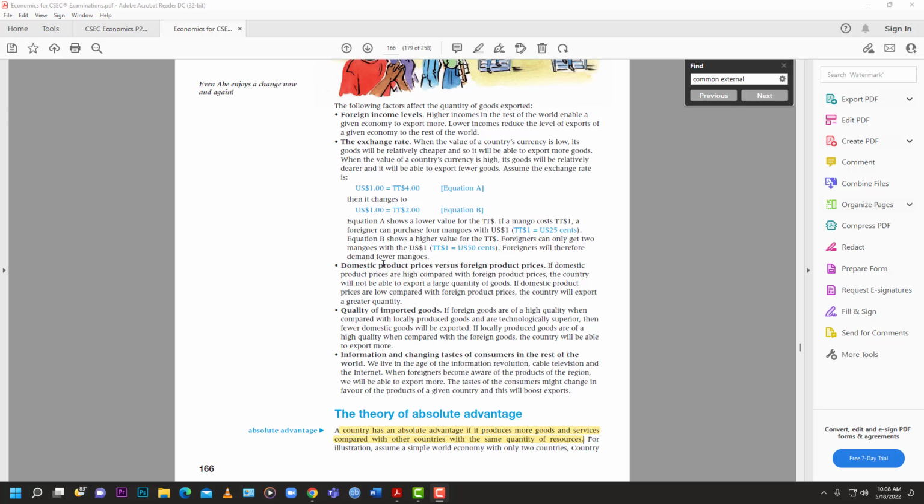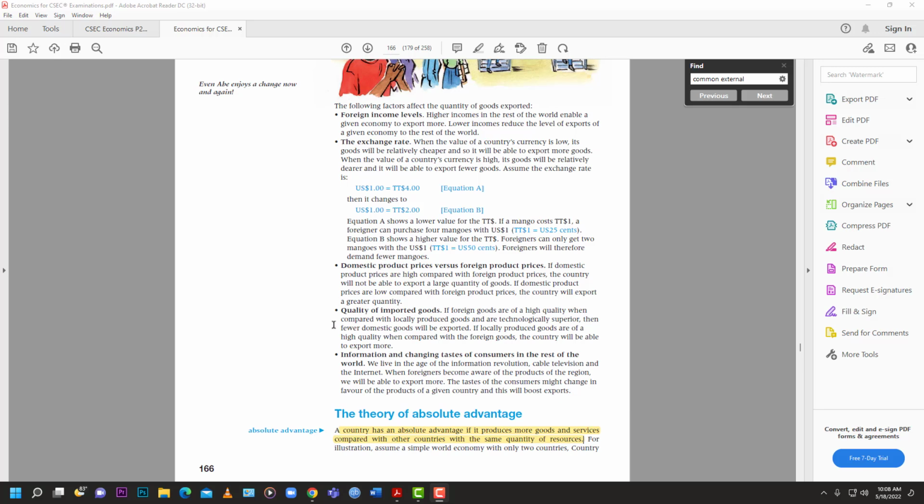So we're talking about raw numbers here. If both of us have, let's say, 10 tons of resources, I can produce 50,000 units and you can only produce 30,000, so I have the absolute advantage. That's when one country can produce more of a certain good or service given the same level of resources than another country.